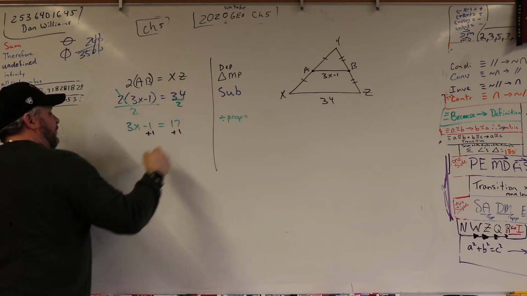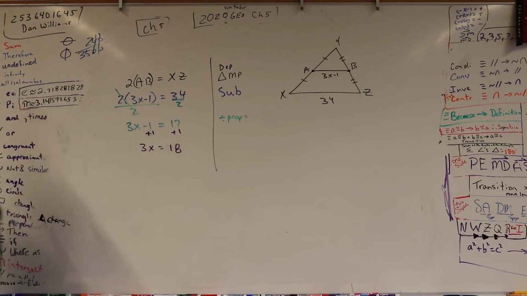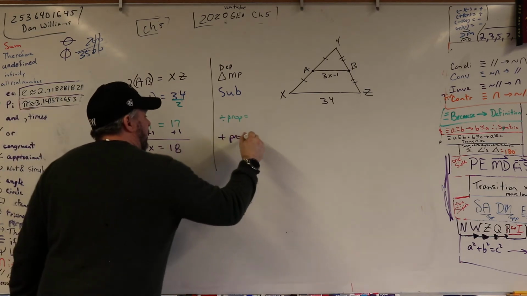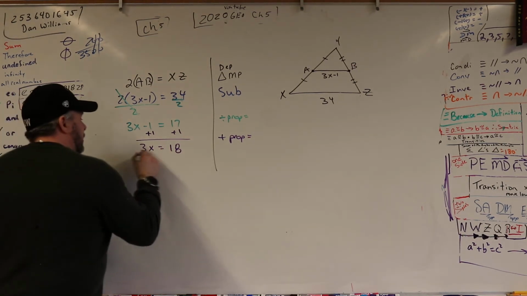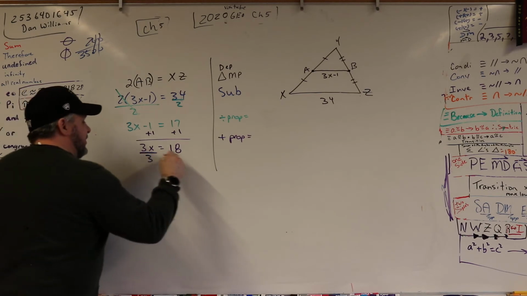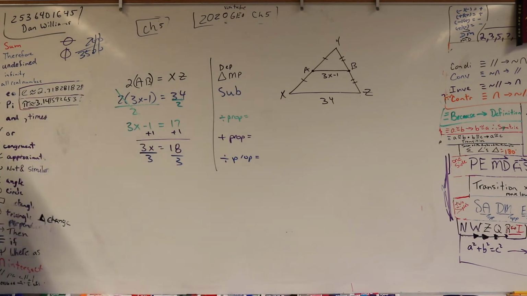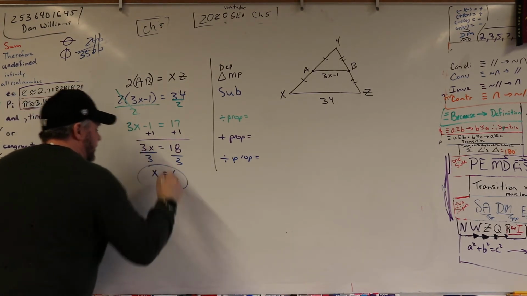Addition, so 3x equals 18. That's the addition property of equality. Then what? To get x alone, division property of equality. So what is x? X is 6.